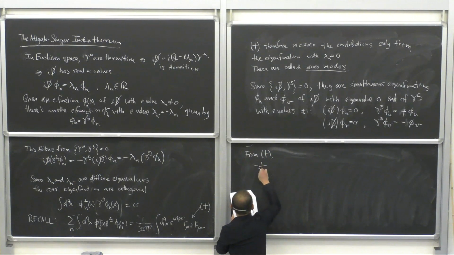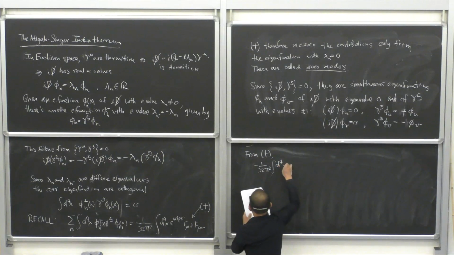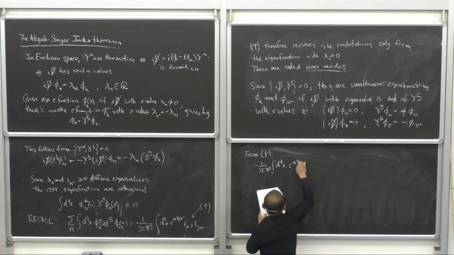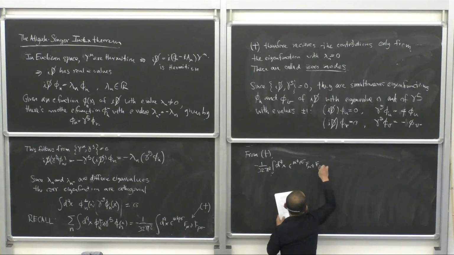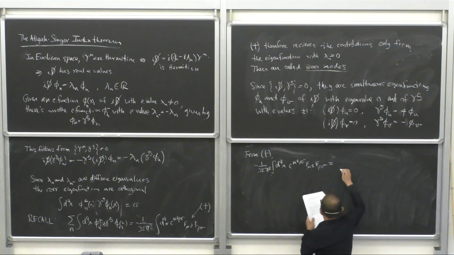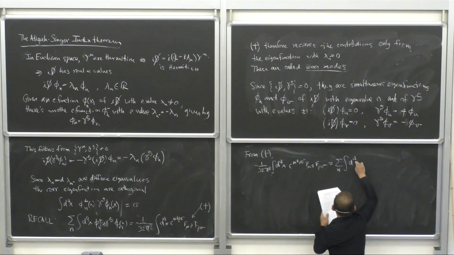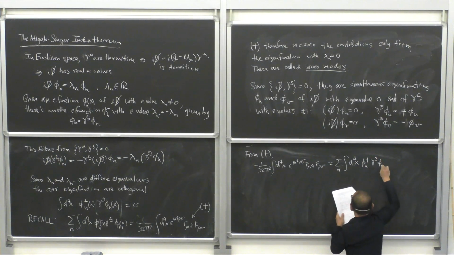One over 32 pi squared, integral d^4x epsilon^{mu nu rho sigma}. So you can sum over n. This is integral d^4x, phi_n dagger gamma 5 phi_n.